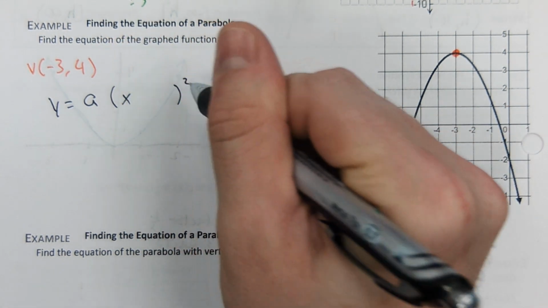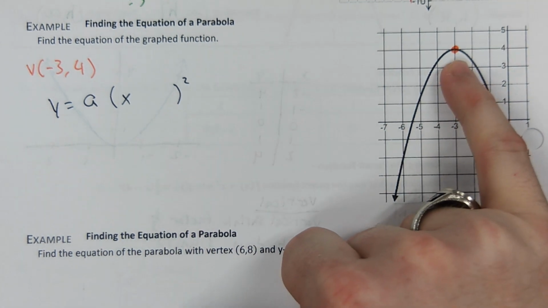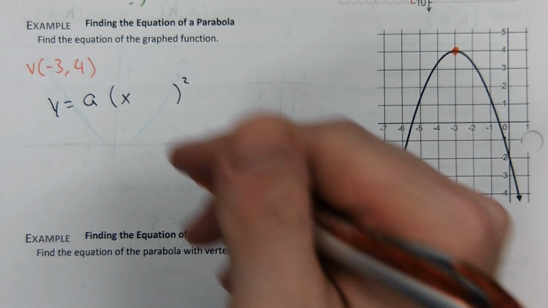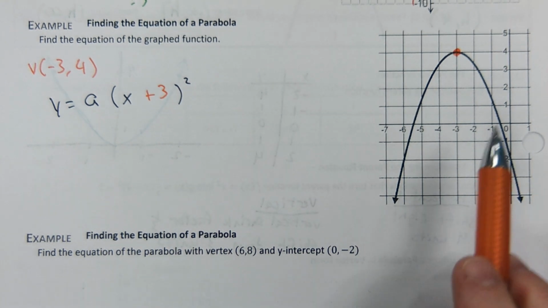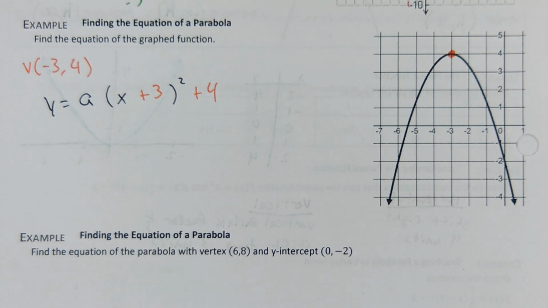There's going to be a set of parentheses like this. The -3 for the vertex is because the thing's been shifted left 3. So I'm going to see a plus 3 in here. And then it's been shifted up 4, and that's why I'm going to see a +4 out here. We have almost the entire equation.